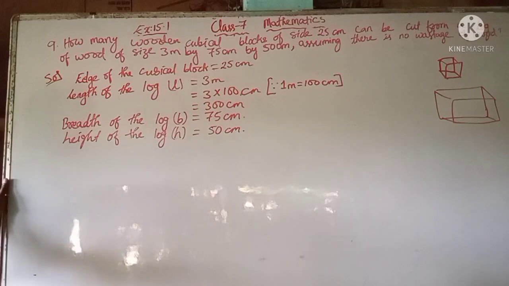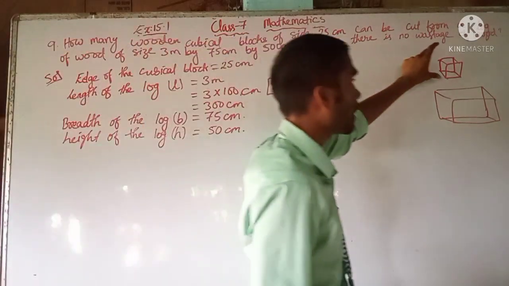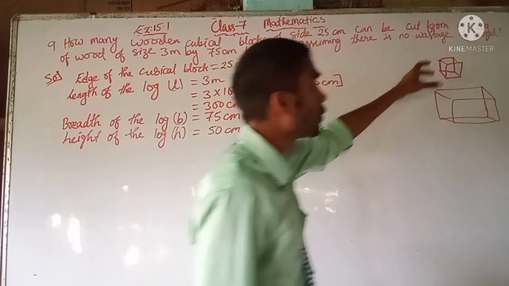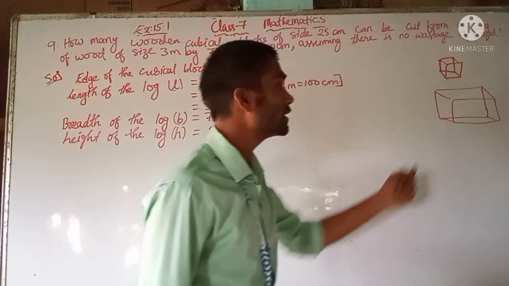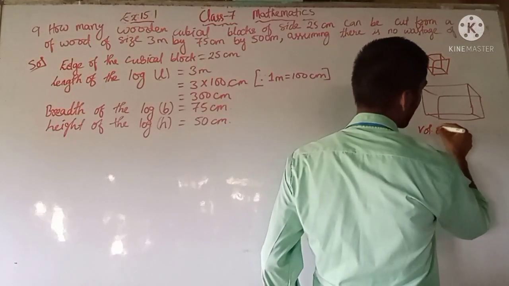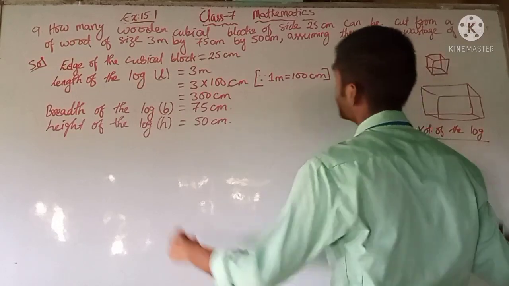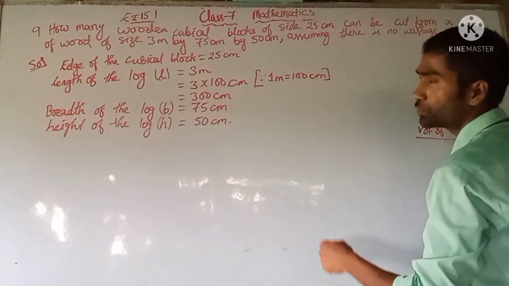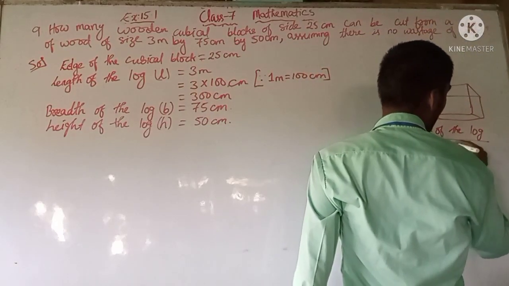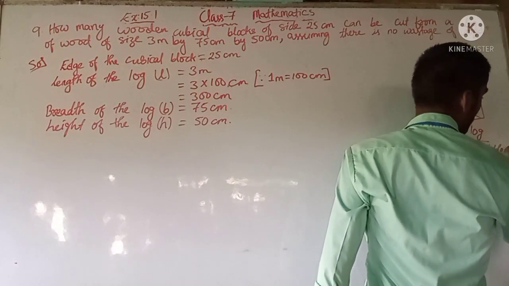Now in order to find how many number of cubical boxes we can obtain from this one, what we need to do is we will divide volume of the log divided by the volume of the cubical block.